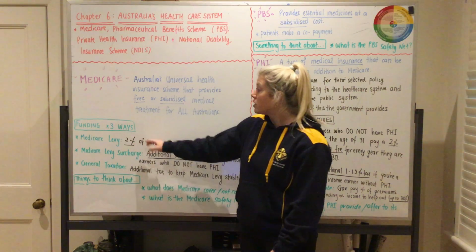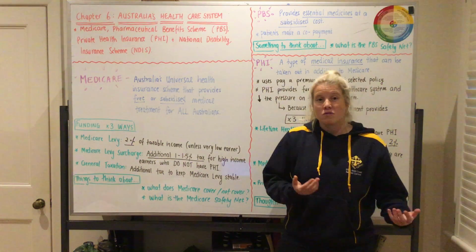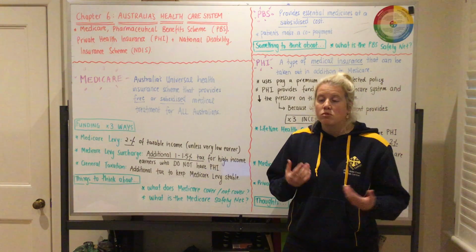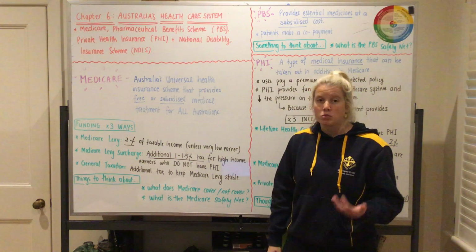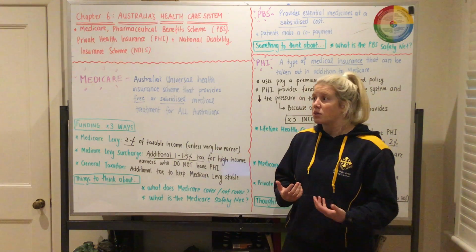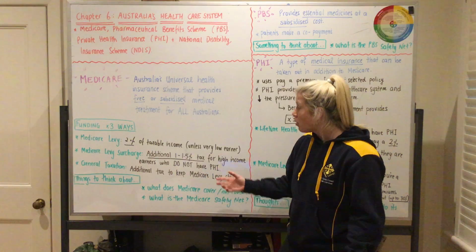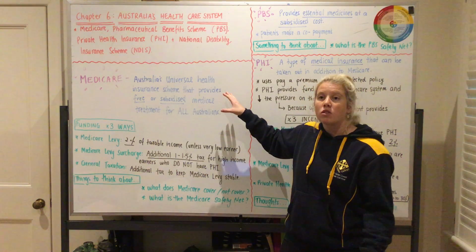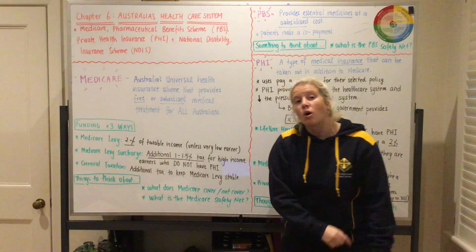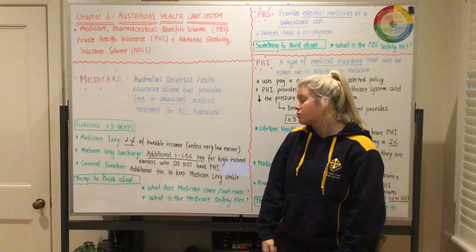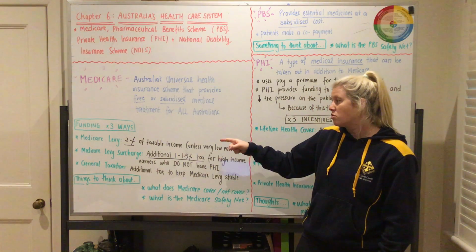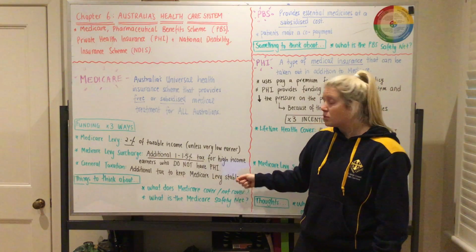And part of me wonders, given that we've got a lot of people who aren't working in this current climate, a lot of people have been made redundant, lost their jobs, which is awful, and Australia's not being particularly productive, but we've got a massive reliance on the healthcare system and those healthcare workers. Part of me wonders if this will go up post-COVID-19. So just something to think about. Look, obviously we aim to keep that as low as possible, but yeah, potentially.